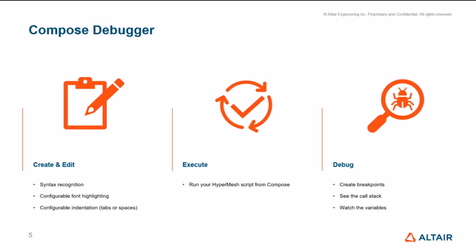With Compose, you can now interactively create and edit those scripts in a nice environment, and most importantly, you can execute those scripts directly from there. Last but not least, you can debug your code. So you can look at your variables, you can look at the call stack, and of course, you can create breakpoints in your code. So all these things are coming in 2025.1.